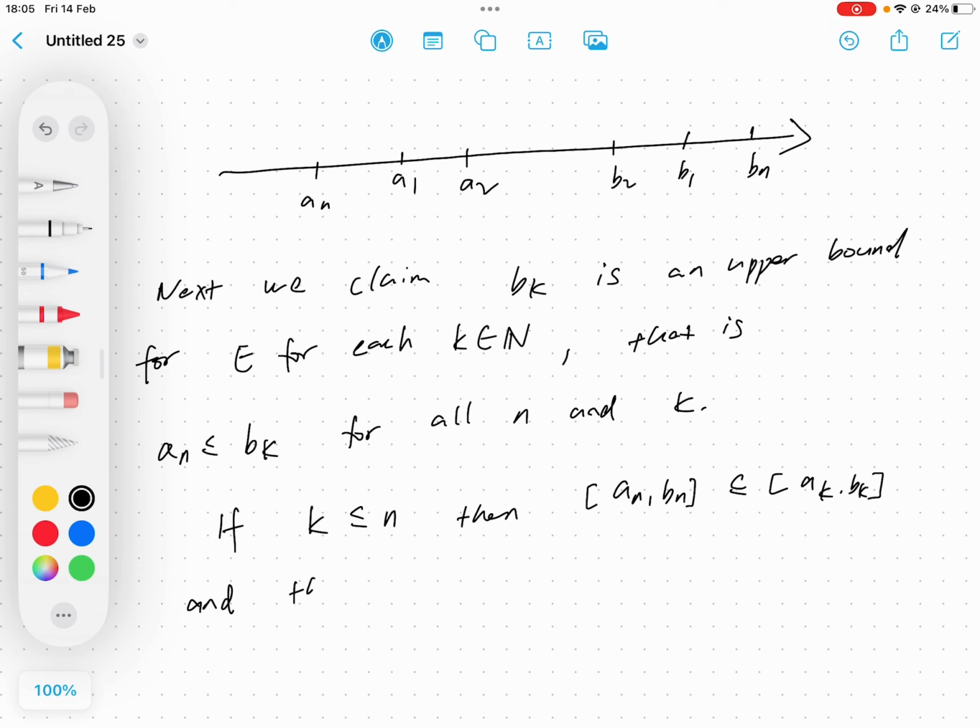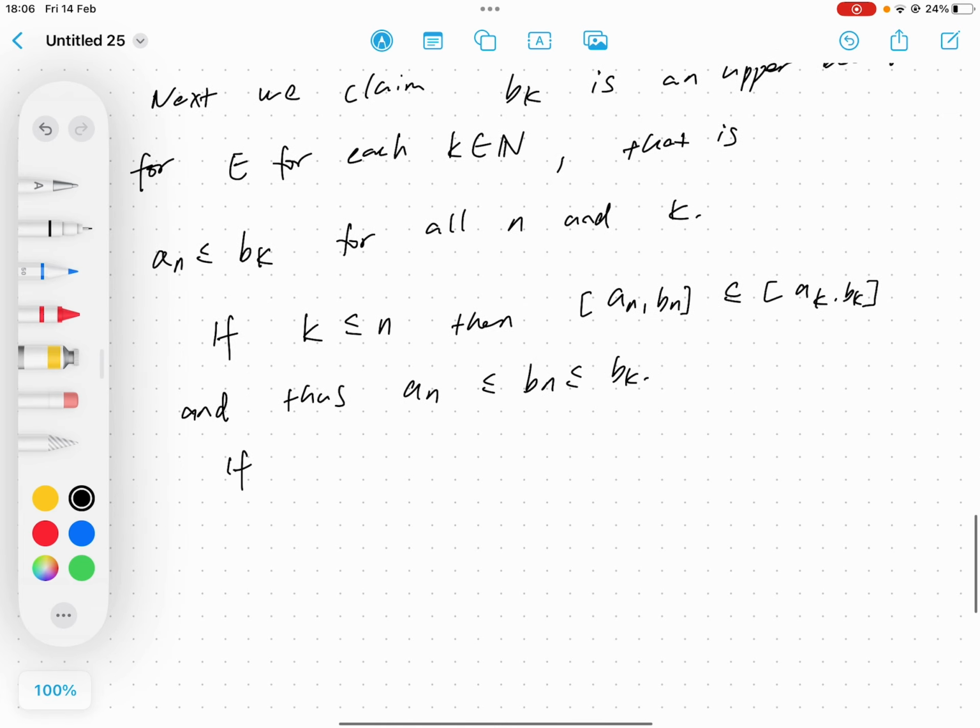And also An is less than or equal to Bn less than or equal to Bk. Okay. As we see in this picture, right? So you can just have some mutation of this proof. And then if k is greater than n, so that's the other case, right?